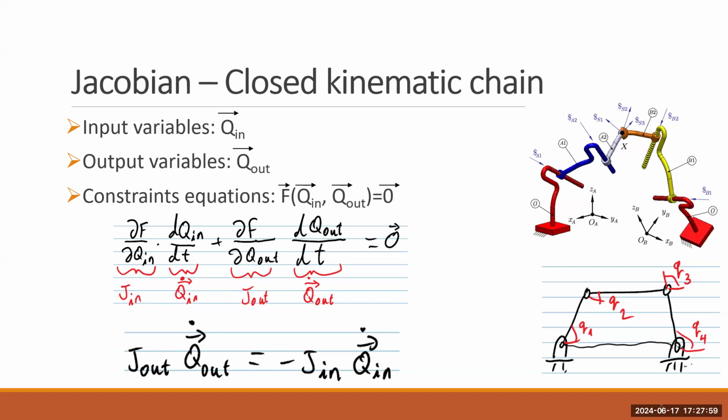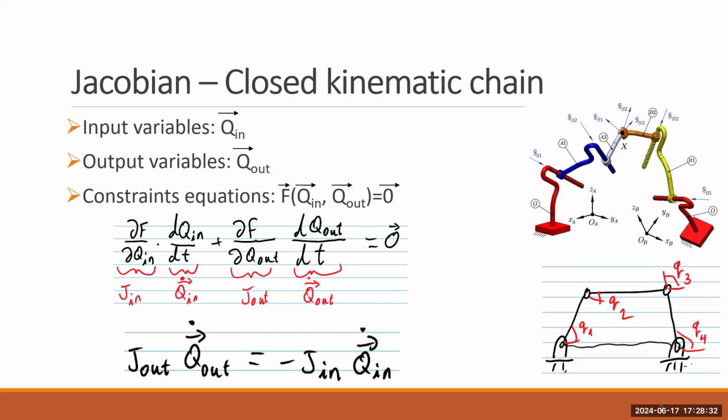So now we can take the derivative of f, which is a function of Q in and Q out, by taking df over dq in times dq in over dt. This is the input Jacobian times the velocity of the input variables, plus df over dq out times dq out over dt.